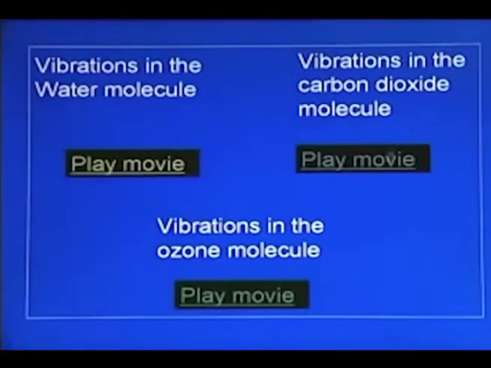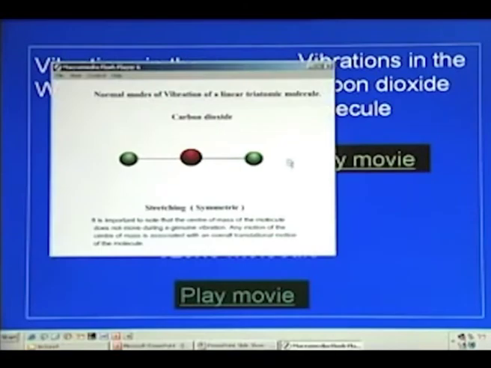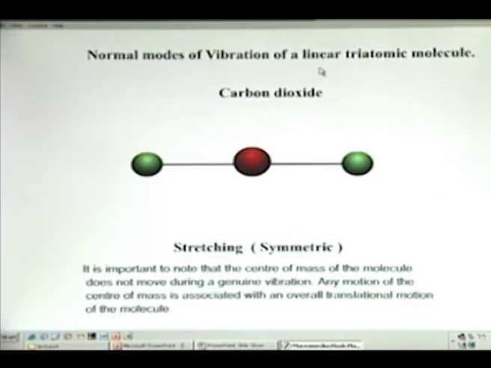Another example of vibrations of a molecule is carbon dioxide, a linear molecule. And you can recall that the symmetric stretching of carbon dioxide about its equilibrium position is another example of how we visualize molecular motions.